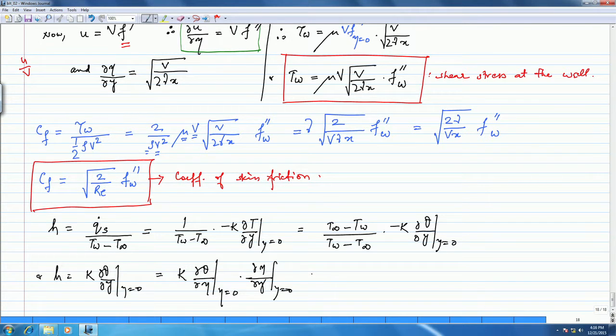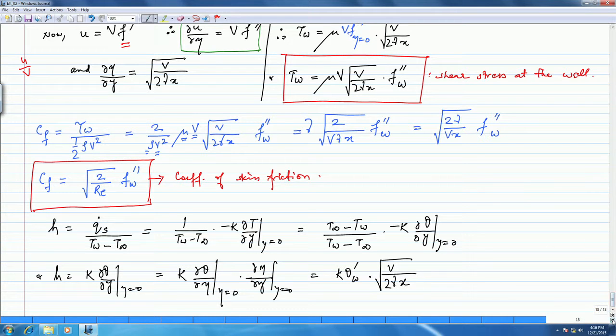So, which is again equal to k theta dash at the wall, because eta is 0, and this again we know, that is V by 2 nu x.